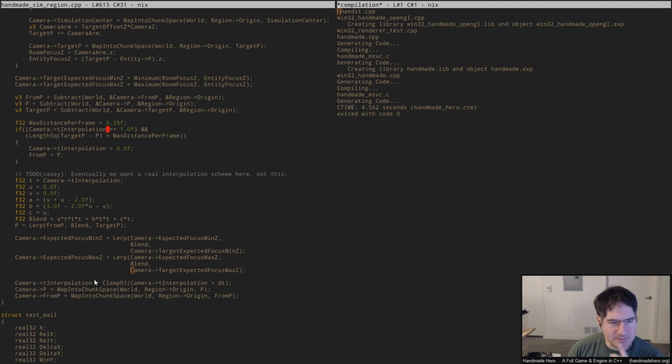Because if you think of what would happen here, maybe let me just walk through it. In the case where we set the interpolation here to 0, we're going to set the from value to be the same as the p value. And the t interpolation will be set to 0, so this whole thing will basically just mean that we're at the from p, which means p will remain completely unchanged. And so you shouldn't get a hiccup there. So maybe the way you get a hiccup is by changing the target P discontinuously.